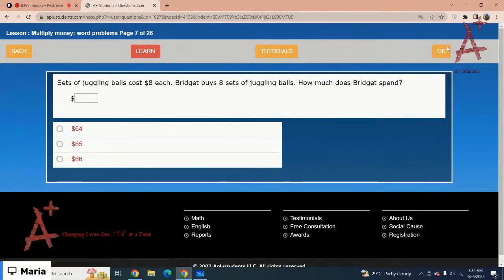Okay, the next one is sets of juggling balls cost $8 each. Brigitte buys 8 sets of juggling balls. How much does Brigitte spend?